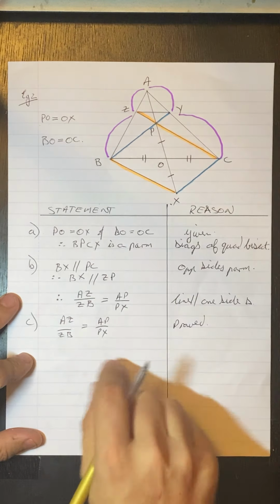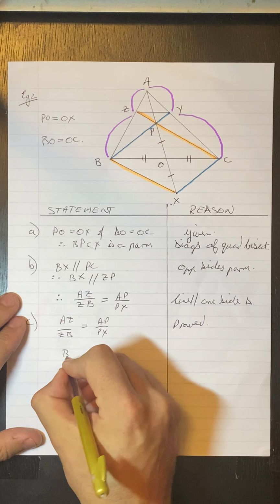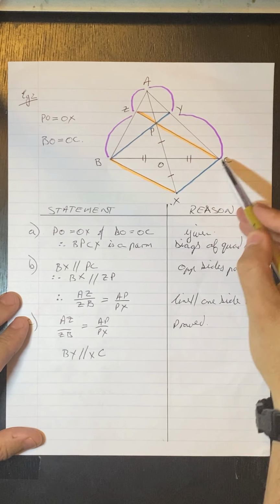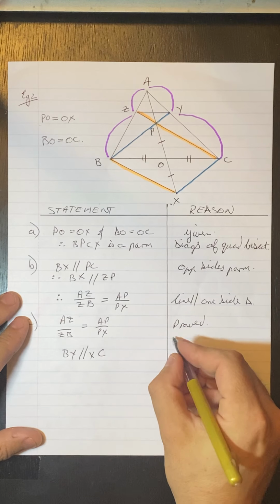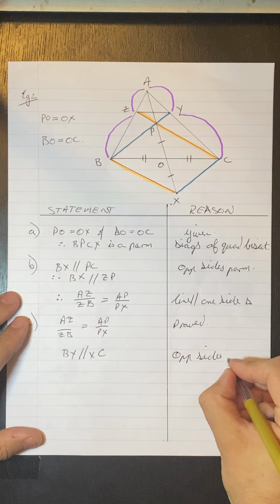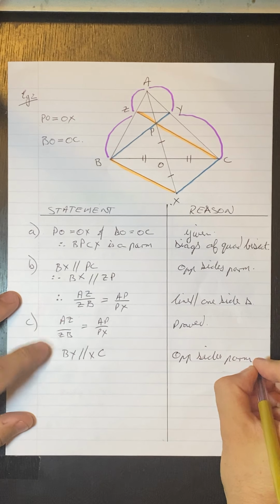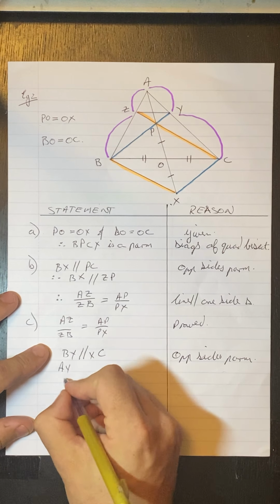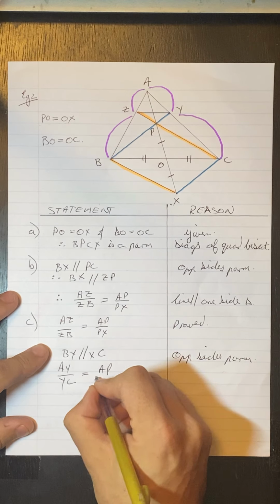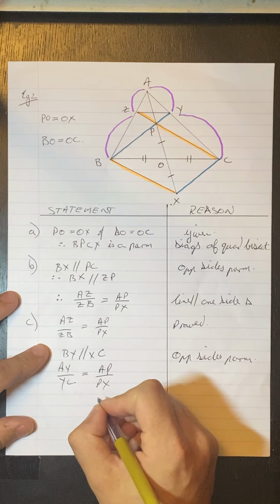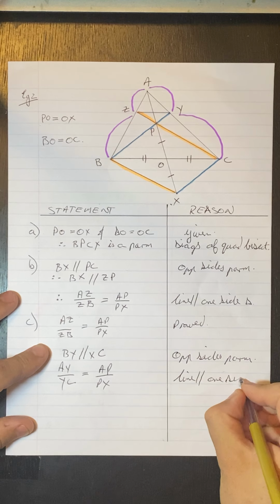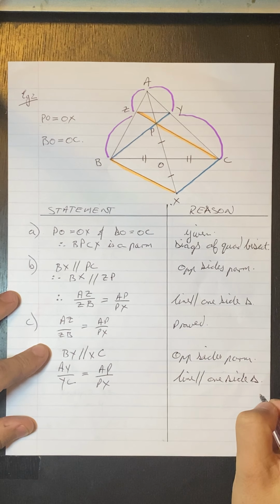But before we jump to that, I must just prove it. So the next thing we know is BY is parallel to XC. So this BY, XC, the blue ones, and its opposite sides are parallel. So from that, I can say that AY to YC must be equal to AP to PX. And the reason for that: line parallel to one side of triangle.